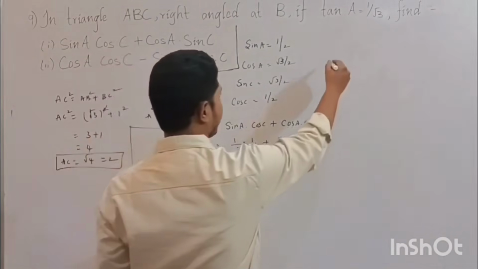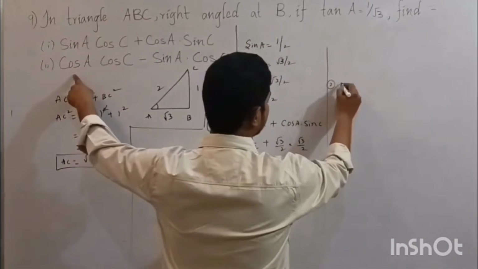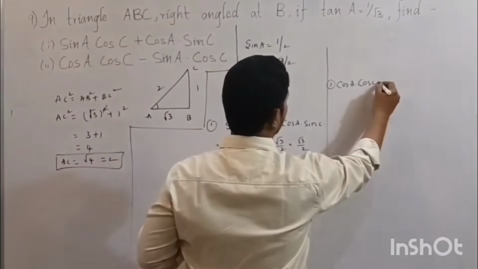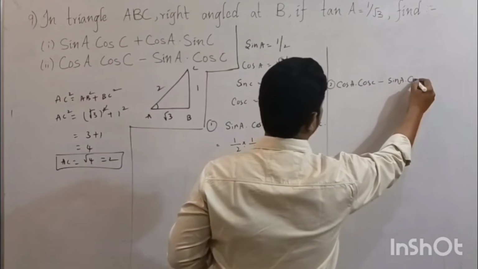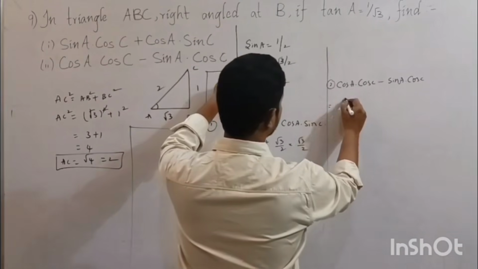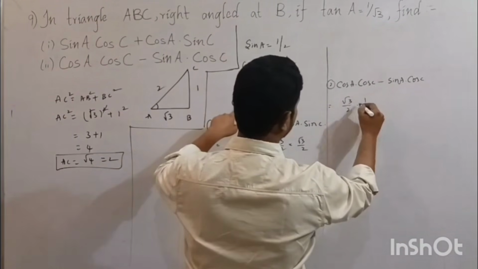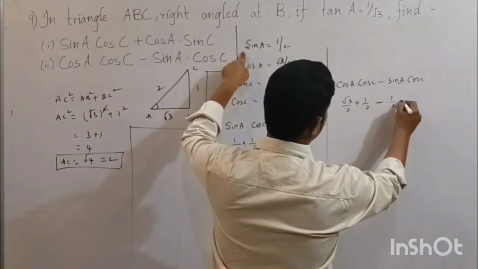Now we are going to find the second question. The second question is cos A cos C minus sin A cos C. See, what is the value of cos A? Cos A is root 3 by 2. Cos C is 1 by 2, minus sin A is 1 by 2, cos C is 1 by 2.